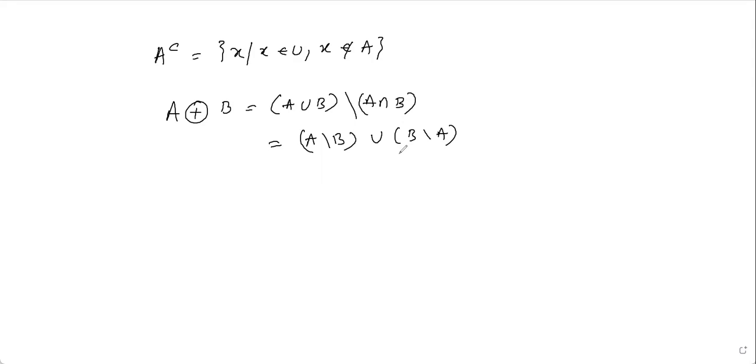And now let us see the algebra of sets and duality. The sets under the operations of union, intersection, and complement satisfy various laws and identities: the idempotent law, associative law, commutative law, distributive law, identity law, complement law, and De Morgan's law.